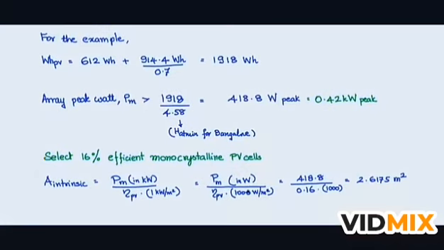and if we calculate the intrinsic area of the PV panel, it works out to be PM by efficiency of the PV panel. Of course, if PM is in kilowatts, then in the denominator the input is 1 kilowatt per meter square incident insolation. But if PM you take it in watts, then the input insolation you should take it as 1000 watt per meter square.